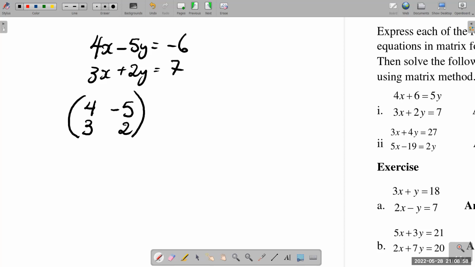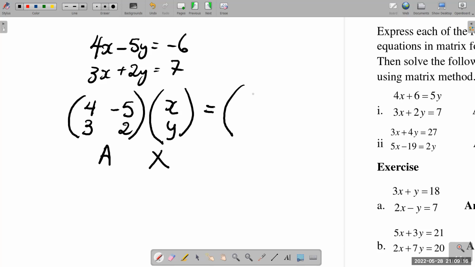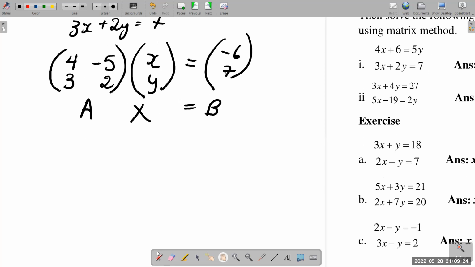So the coefficients go in one bracket. We're going to call that A. Who you think going to go in the second bracket? The variables. What are our variables? X and Y. And we're going to call that X. And then we're going to say equal to. And what do you think is going to be equal to? -6 and 7. And we're going to call that B. Everybody remember we were seeing that before? That same equation. AX equal to B. Talk to me.